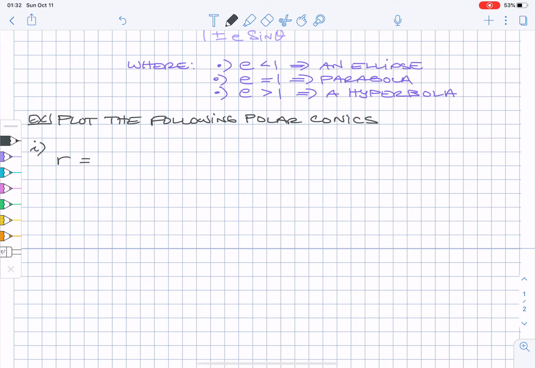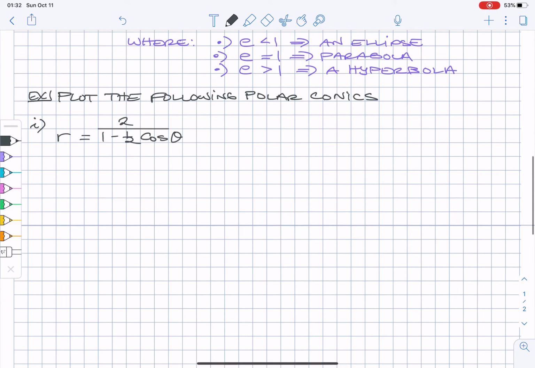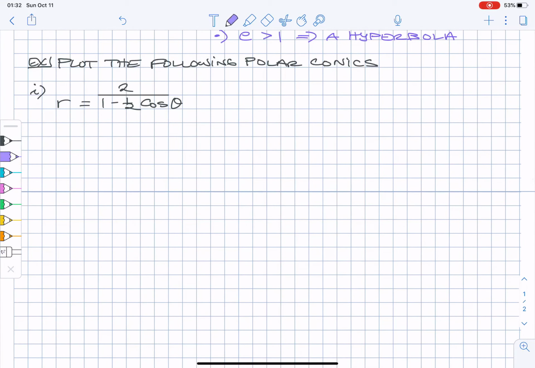Radius is equal to, let's do 2 divided by 1 minus 1/2 times cosine of theta. Okay, so this is already set to go. We have radius r is equal to 2. Well, what is 2? I claim that 2 is going to be 1/2 times 4, which is true, it is.